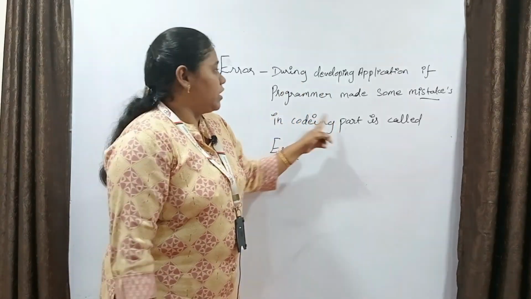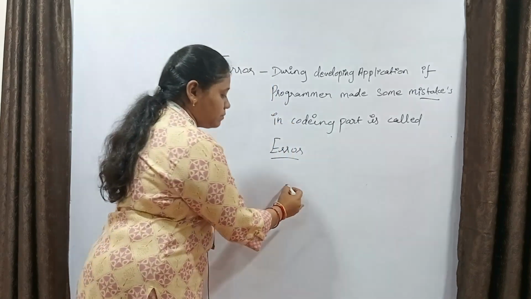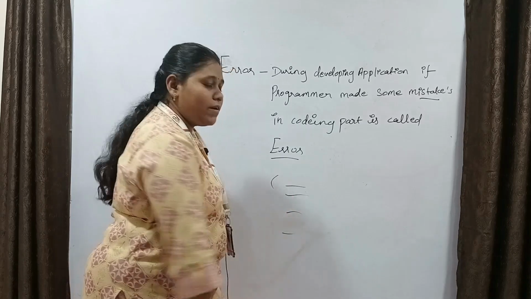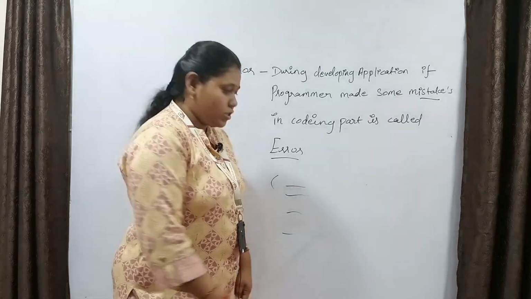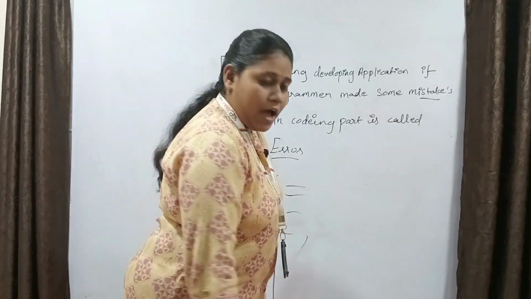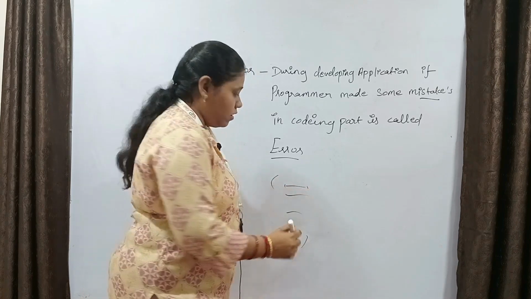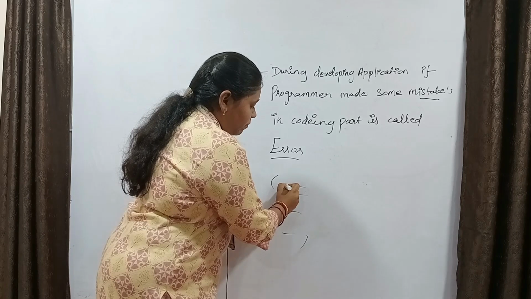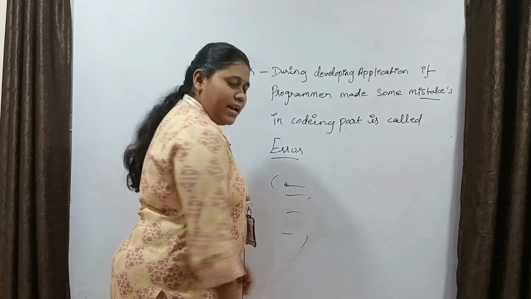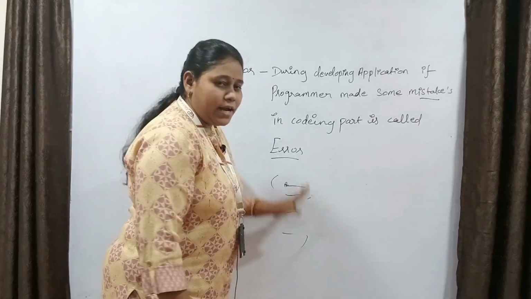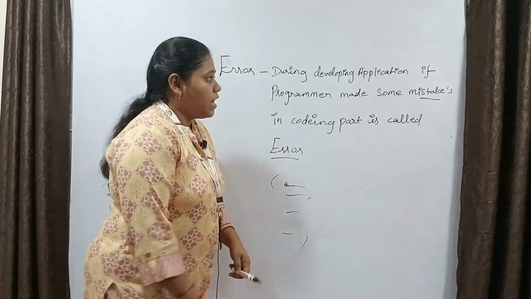At the coding level, a set of codes will be there. We are going to develop our application using any language, like Java or Python. All languages are case sensitive and have some format to follow. In some cases it has to be upper case, in some cases lower case, and if you miss any commas or make any mistakes in coding part, that is called an error. Okay, clear?